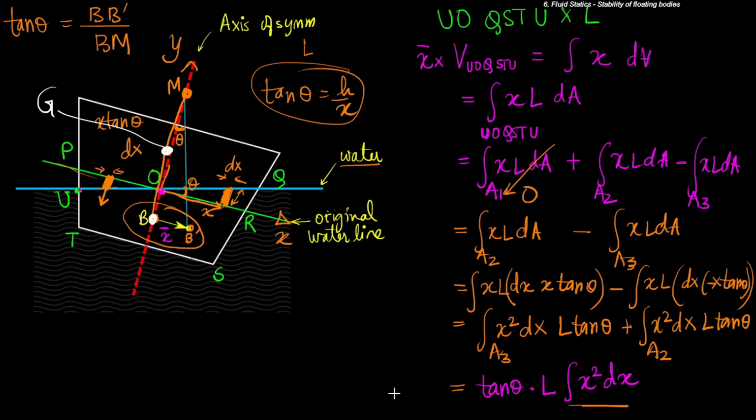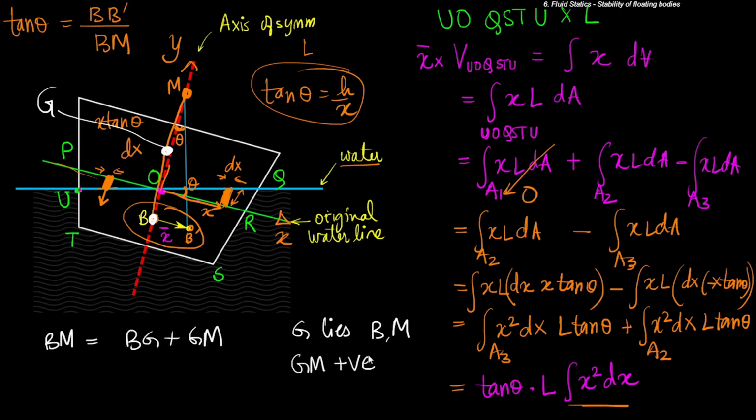So if Gm comes out to be positive, it means that G is actually inside Bm, and hence it will be a stable configuration. On the contrary, if we eventually arrive at the conclusion that Gm is negative, it means G lies above M, and hence that condition will become unstable.